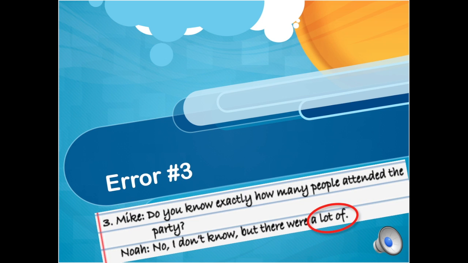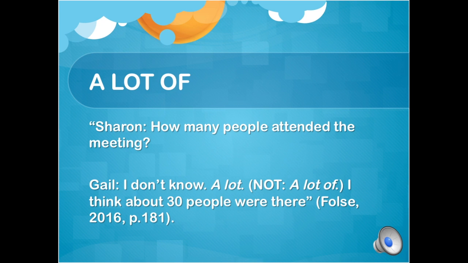Here we see example number 3. The phrase a lot of is used with both count and non-count nouns. But when we use this phrase, we omit the preposition of if there is not a noun following the phrase. For example, Sharon said, "How many people attended the meeting?"